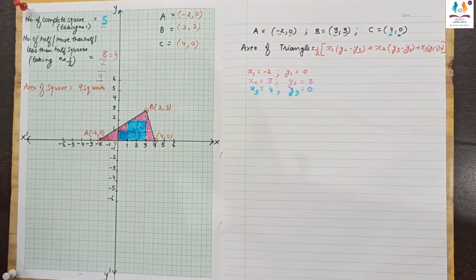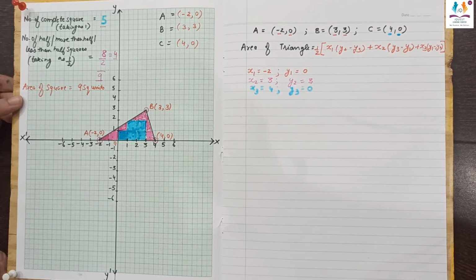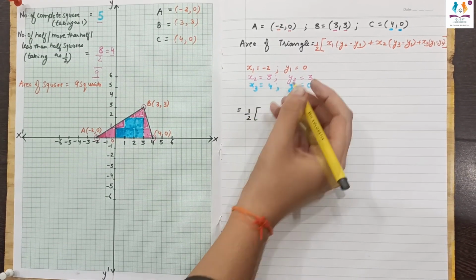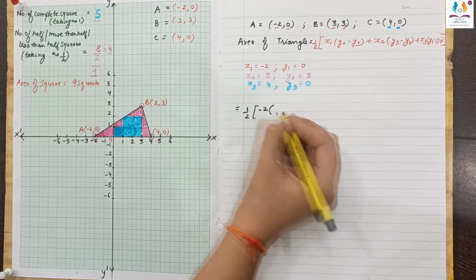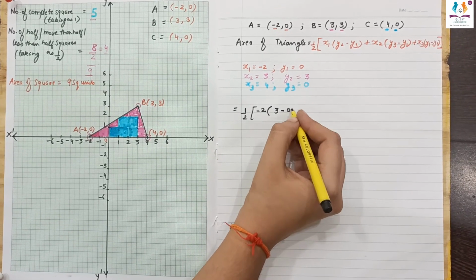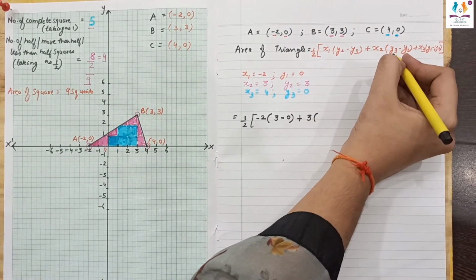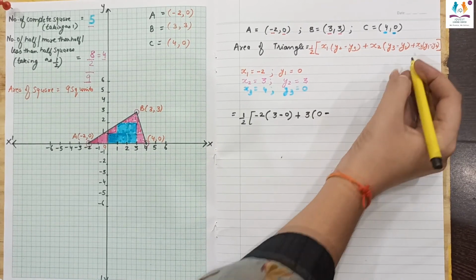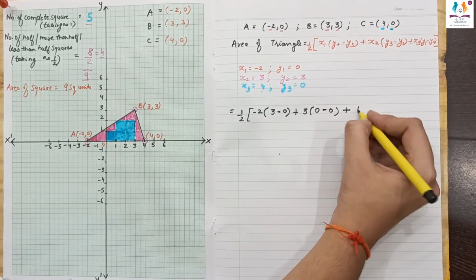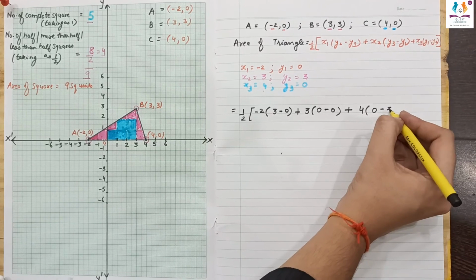So now substituting the values in above equation, we have, which is equal to half, x1 is -2, so -2 bracket y2, that is 3 minus 0 plus x2, that is 3 bracket y3, that is 0 minus y1, that is again 0 plus x3, that is 4 bracket y1, that is 0 minus y2, that is 3.